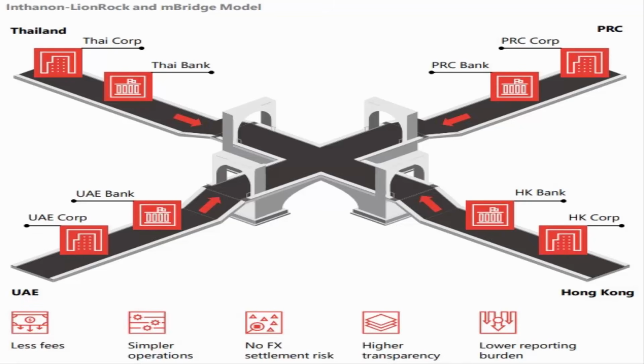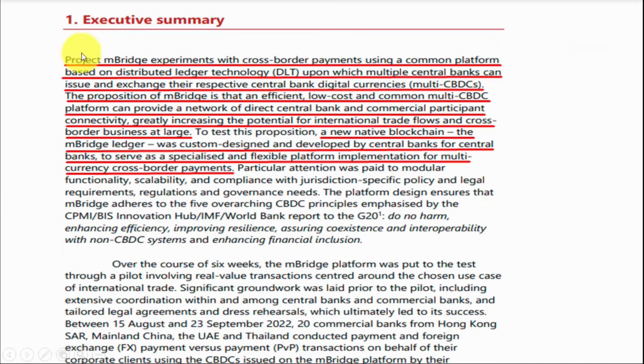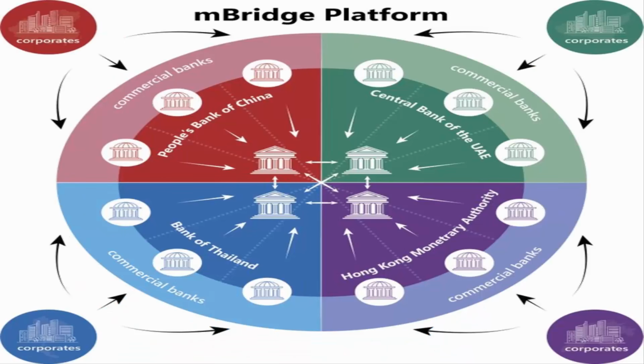So to test this proposition, a new native blockchain, the mBridge ledger, was custom designed and developed by central banks for central banks. It's interesting here because the people that say mBridge is XRP or using the XRPL, if you just go to this document and read the executive summary at the beginning, it tells you straight away that it's a new native blockchain, and we know that XRPL is an already established blockchain, whereas Project mBridge is a new native blockchain, the mBridge ledger, custom designed and developed by central banks for central banks.